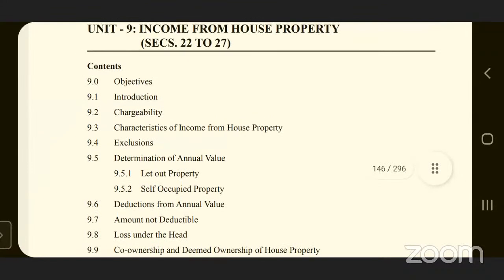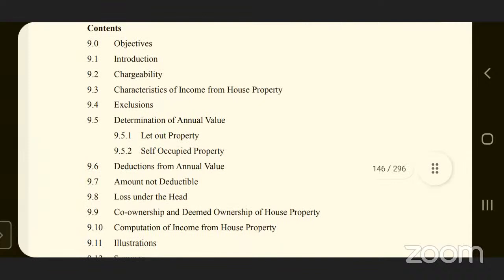So in this chapter, let us discuss what are the characteristics of income from house property, meaning which type of incomes come under income from house property. And in order to compute the taxable amount of income from house property, what are the aspects required?